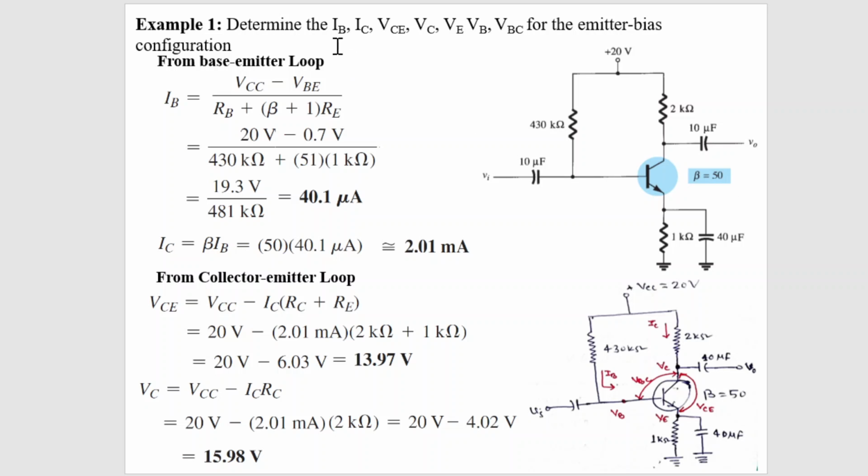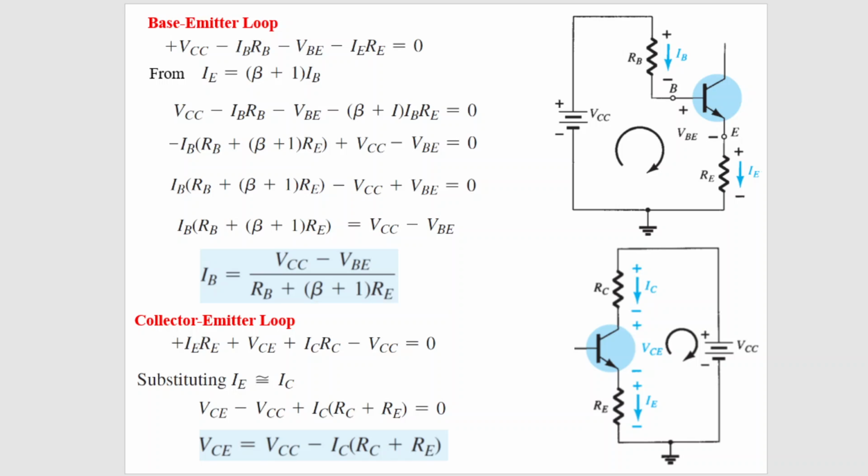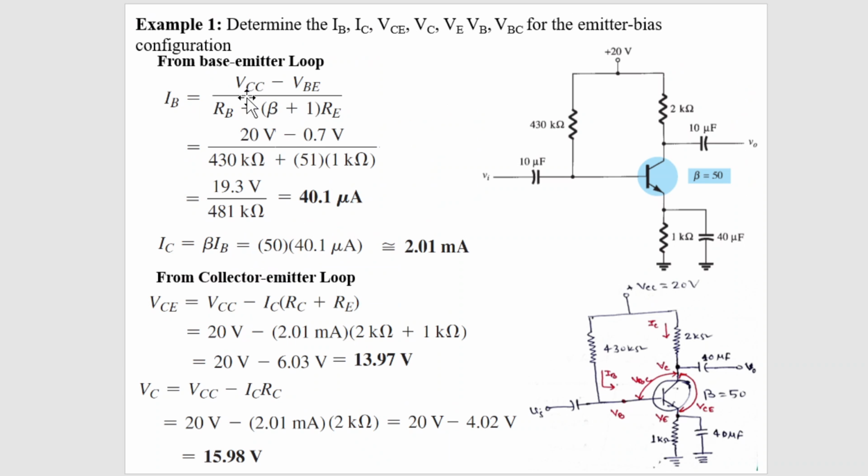Now you can determine very easily the value of IB, because as I have explained in theory, we can find out the value of IB by applying Kirchhoff voltage law in the base emitter loop: IB is equal to VCC minus VBE divided by RB plus (beta plus 1) into RE.